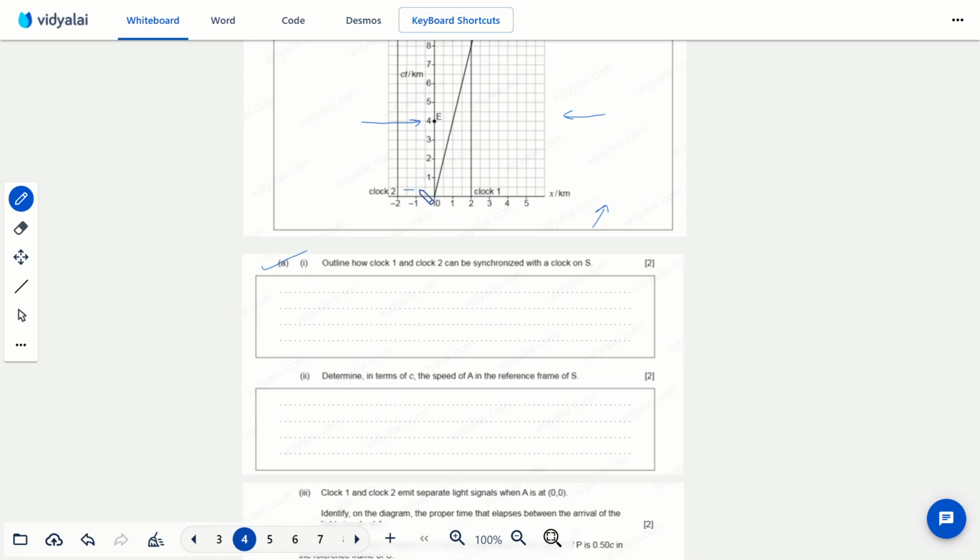Now we bring these two clocks back to their original positions, but while doing it, we need to make sure that these two clocks don't have velocities comparable to the speed of light, because if they're moving with a relativistic velocity, there will be time dilation which is going to slow down the rate at which these two clocks are working. So when they go back to their original positions, they might not be showing the exact same time as the one shown on the clock on the space station.